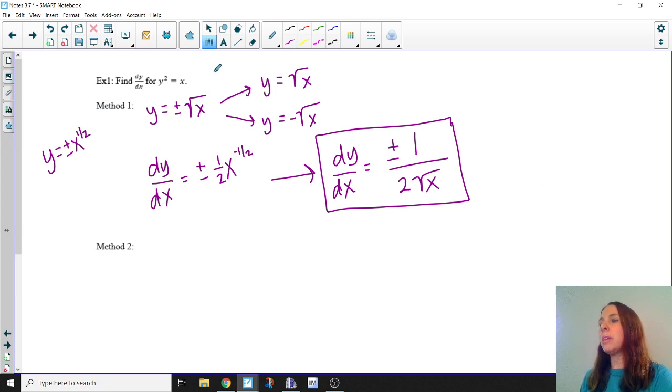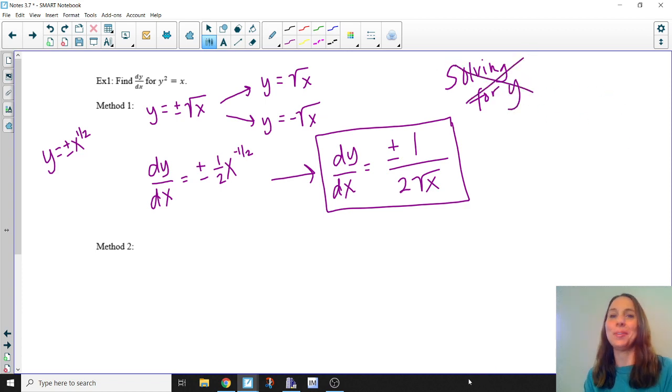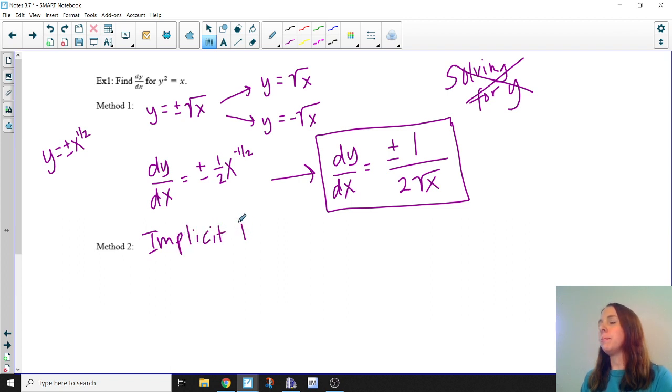So let's call method 1 the solving for y method, and let's just not do it anymore. Let's move on to method 2, which is called implicit differentiation. And I think you're going to like this.